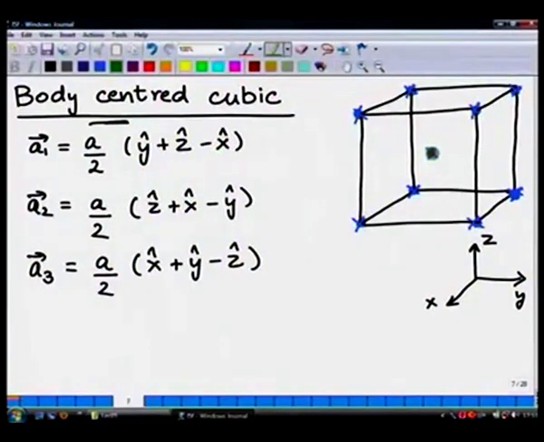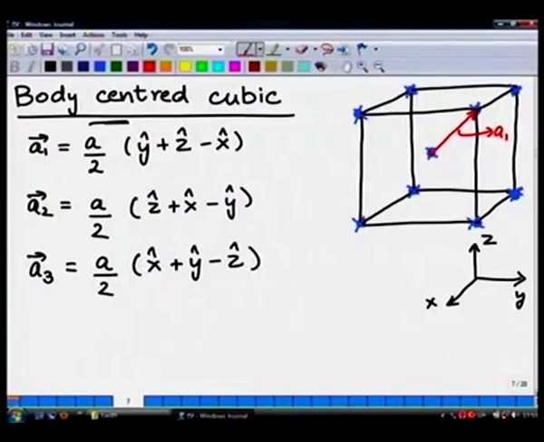So, from this point, let us move in the y direction by a by 2, in the z direction by a by 2, and then in the x direction by a by 2. I will generate this lattice point right here. I draw the vector from here to here, and this is the A1 lattice vector.